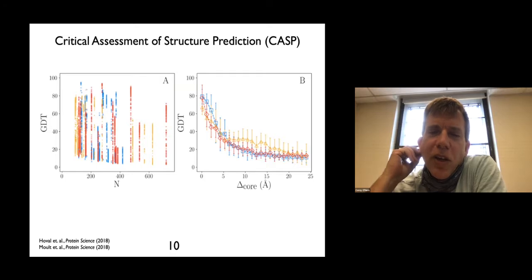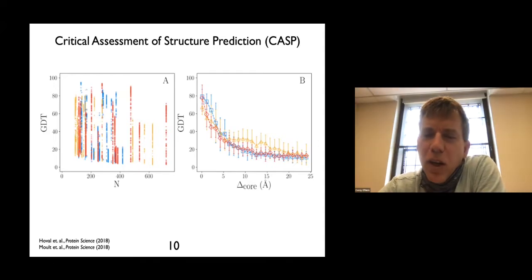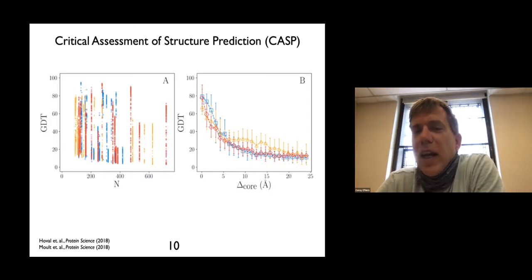What I'm showing you here is the correlation between the GDT of models and how well they place core residues, so atoms in core residues. What you see is that there seems to be a high correlation between high GDT and being able to place core residues really well. If the core residues have an RMSD of around 1 angstrom, then the GDT is already 80.